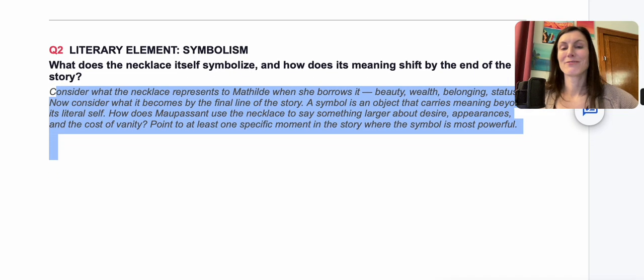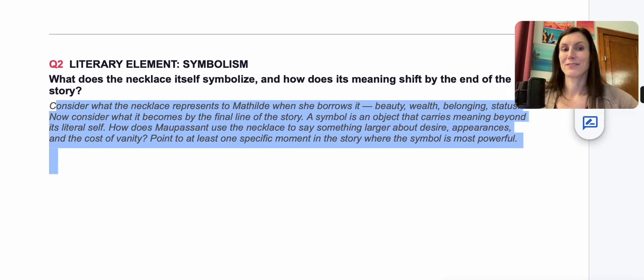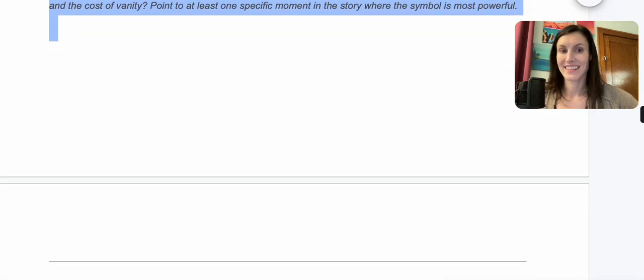Or you really can word any of these symbols, because then in the end, when she finds out the necklace is fake, that also symbolizes that her friend that she was always envious of had fake jewelry on her. So you could say by the end we learn that even wealthy people are lying about their wealth and the luxurious goods they own. So that could be, in the end, the necklace symbolized the facade of wanting things in life that you don't have.